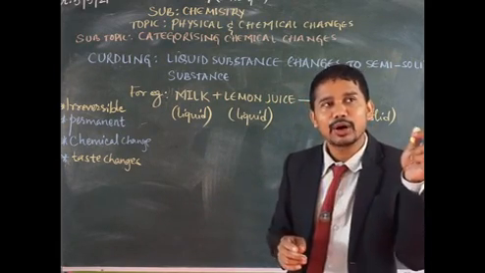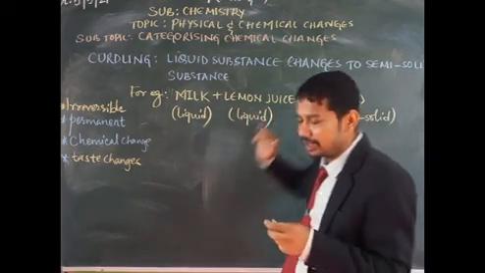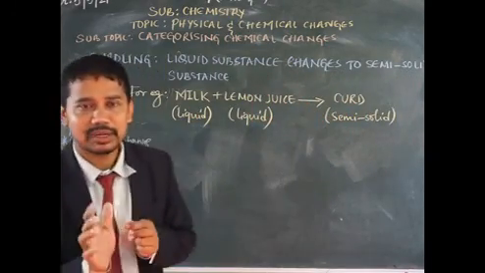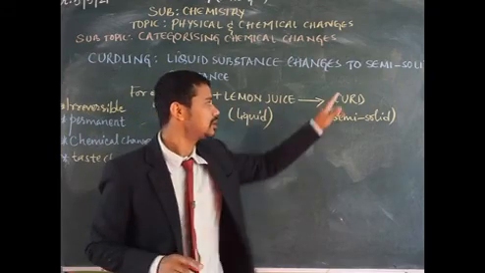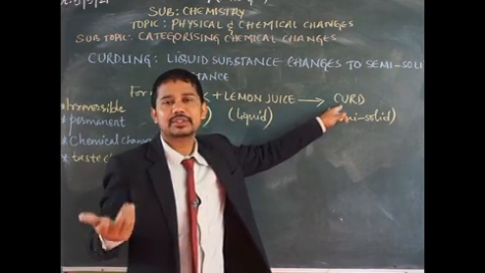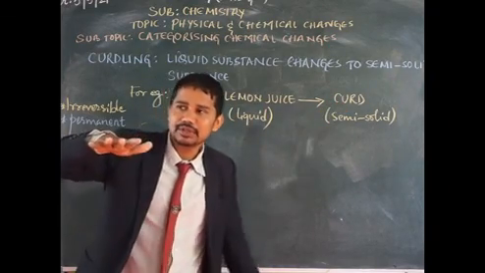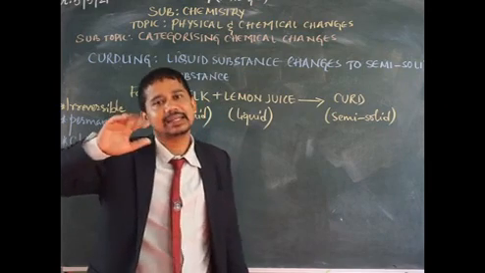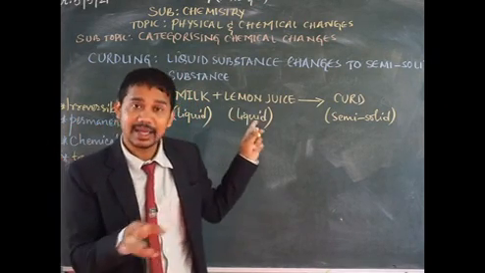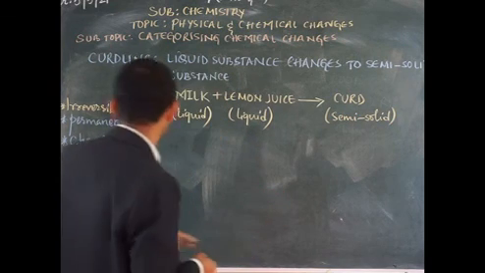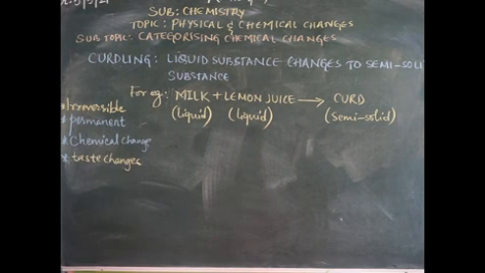When you are mixing milk and lemon, the temperature will be a little warmer, but as the mixing is over, that means curd is formed, the temperature will decrease a little. That means heat is absorbed during this process. So this is also endothermic.